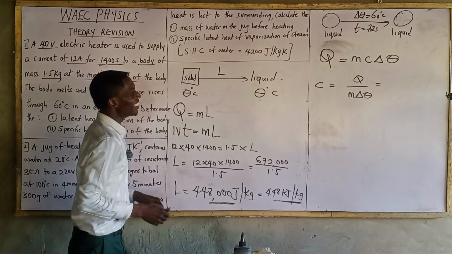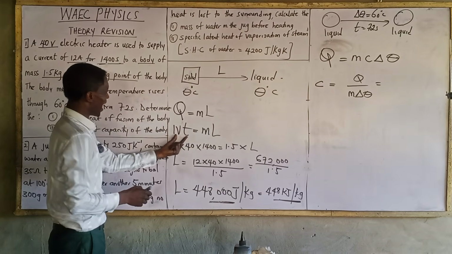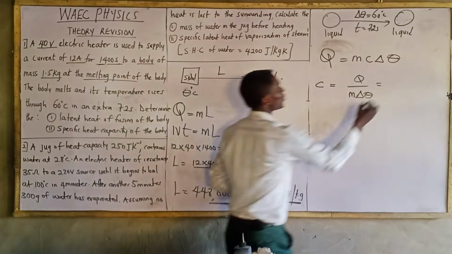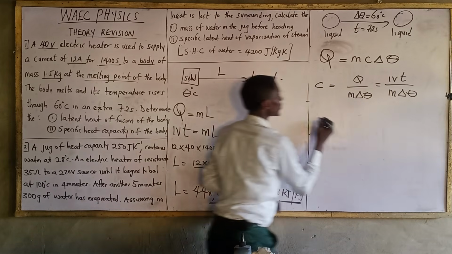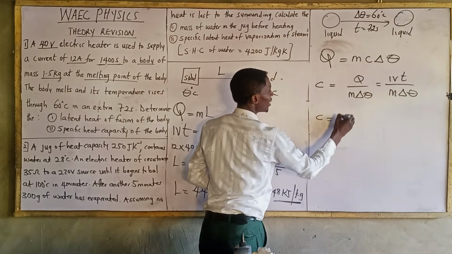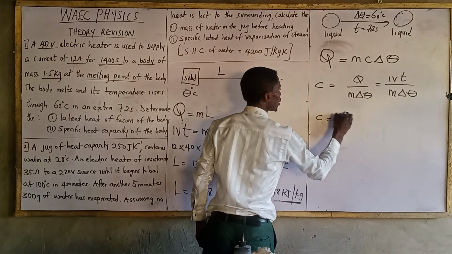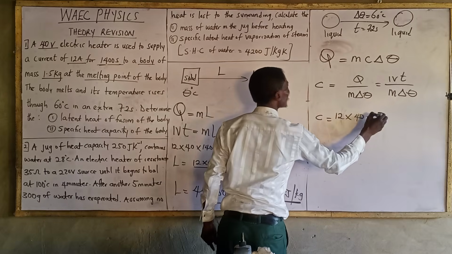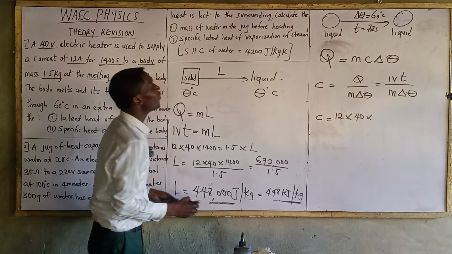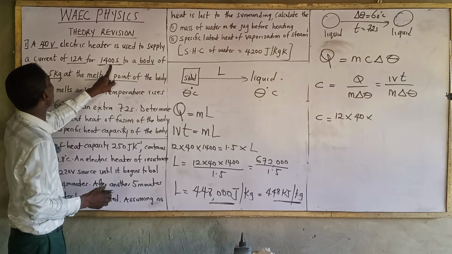Of course, this energy is the electrical energy, so it's the same as IVt over m delta theta. The current here is 12, the voltage here remains 40, and the time here is 72 seconds. The initial time was the time it took the body to melt.